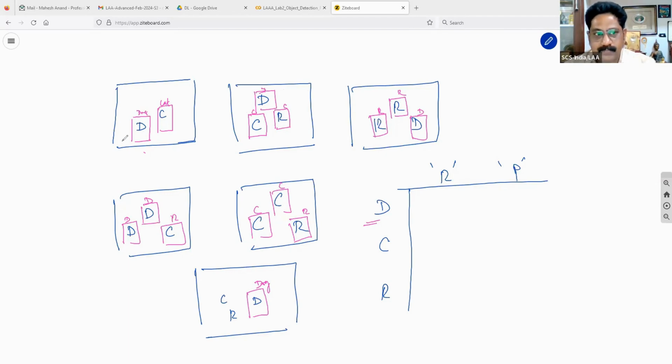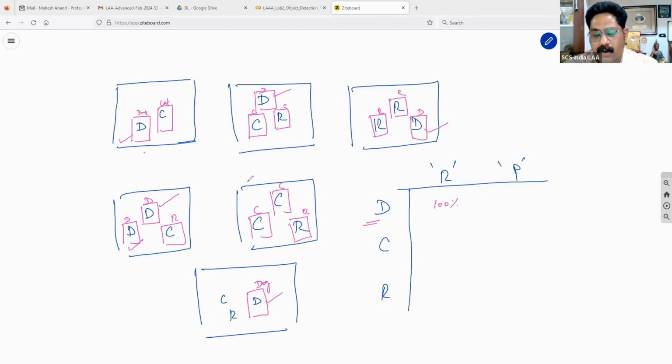Let us make the count: 1, 2, 3, 4, 5, 6. So out of the 6 images in the validation data, all 6 dogs were correctly recognized by our object detection. It reaches the 80% probability score, isn't it? So shall I give 100% as the recall score for the dog?